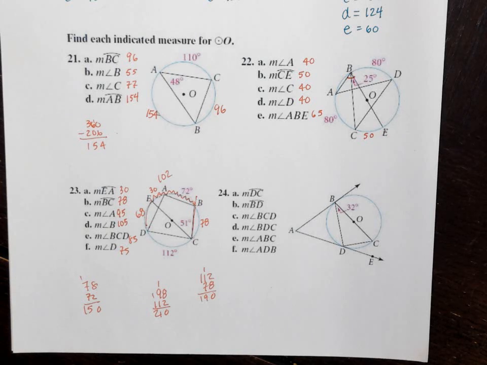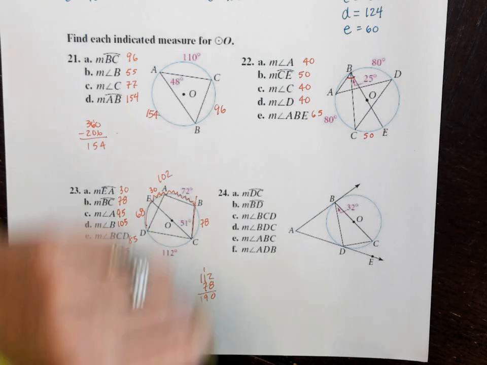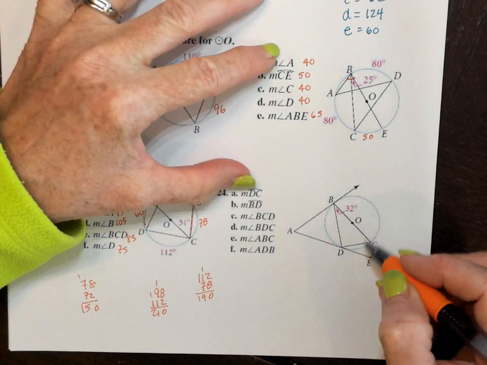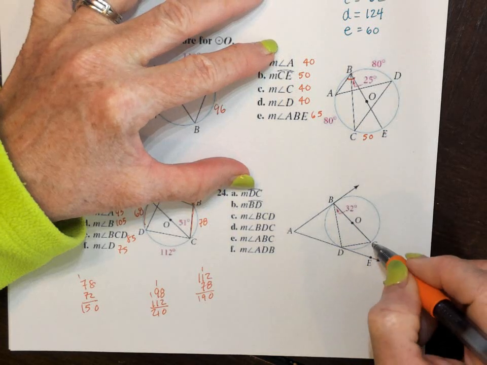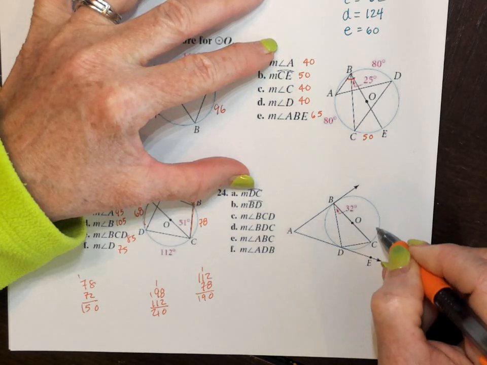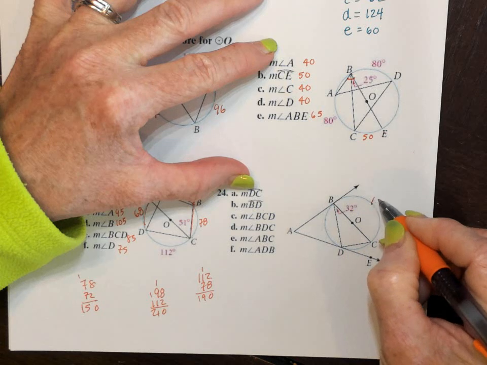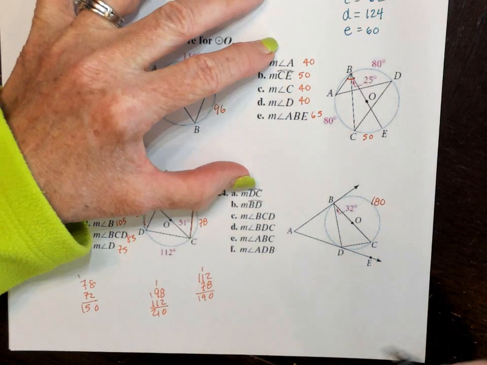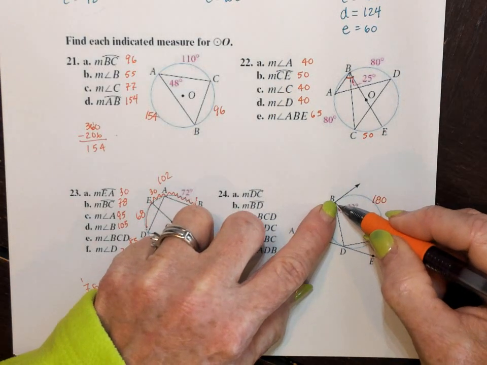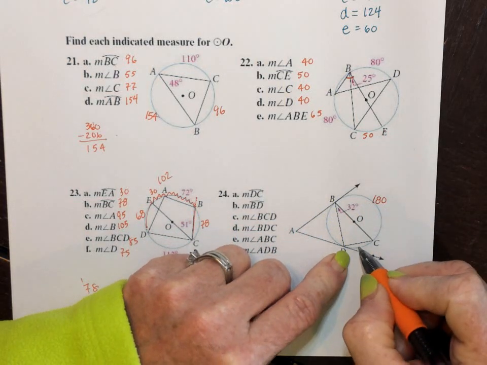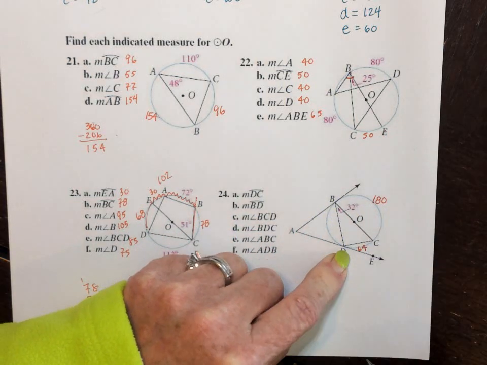Okay, last thing here. Let's see. Arc right up here, B around to C, that's 180. This angle B is 32. That makes this arc right down here 64.